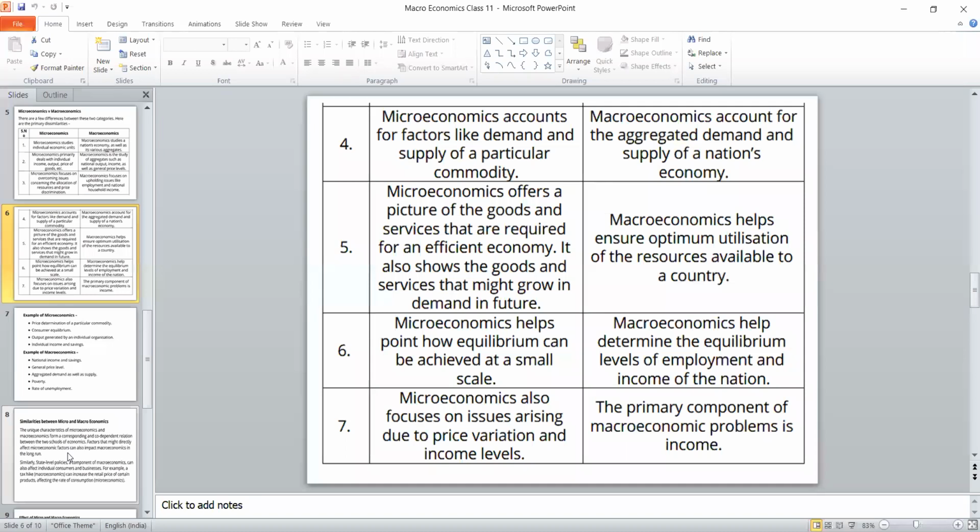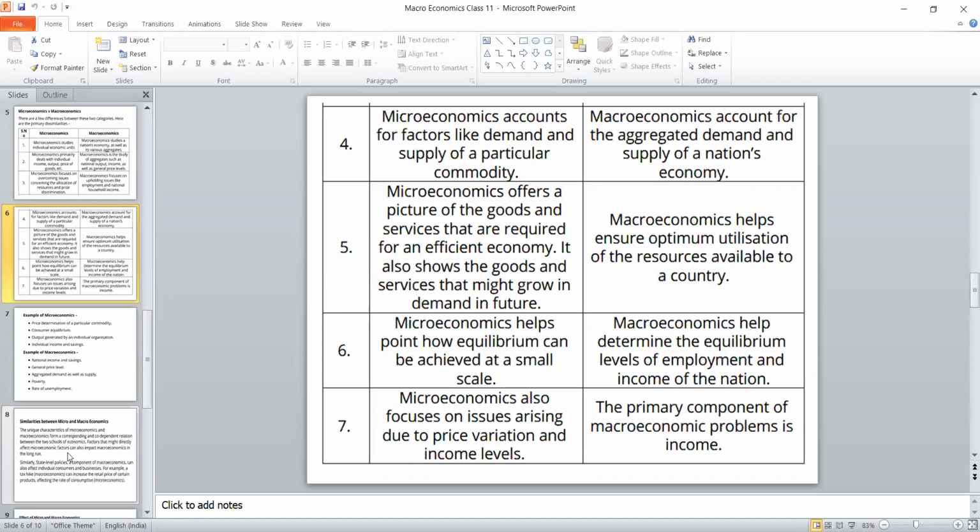The next difference is that individual price is involved at the micro level. So any variation in the price is short term in nature, and definitely it will not affect the economy. But in macroeconomics, collecting the data about the income itself is a very big task, and it's not possible to say the variation.